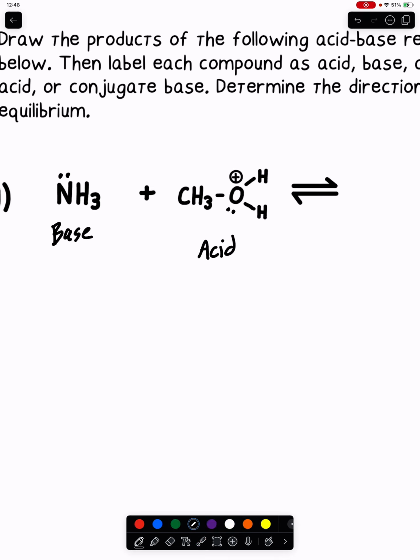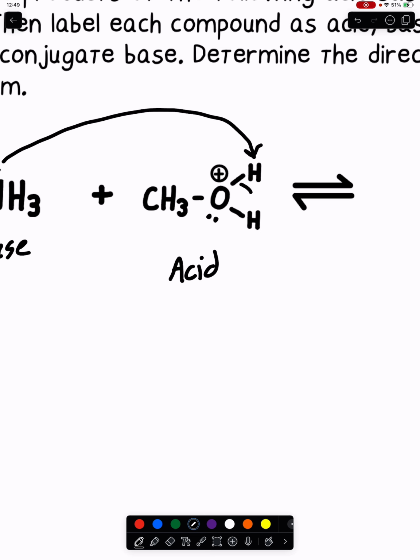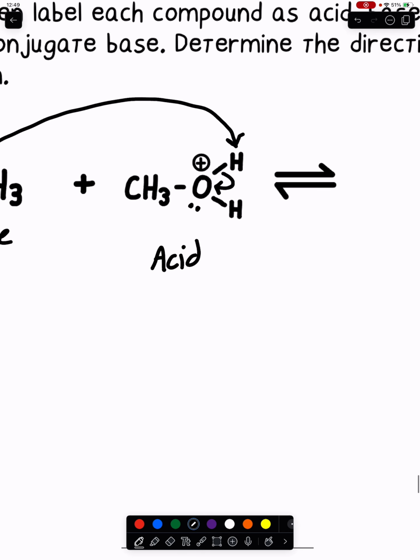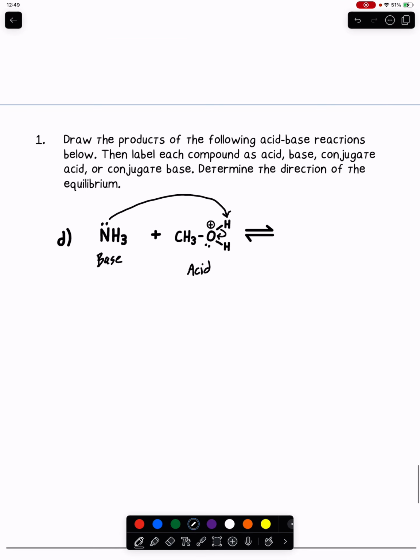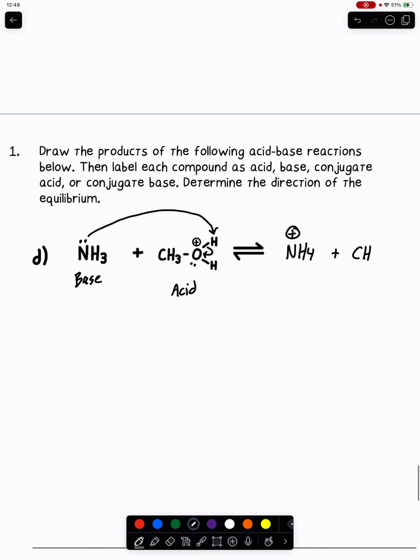So here's what I mean. The base is going to grab a proton from the oxygen. The two electrons get left behind on oxygen. Remember, one belongs to oxygen, the other belongs to hydrogen, but it's going to keep both of them. So we're going to end up forming NH4, because it picked up a proton, so the nitrogen is going to end up with a positive charge, plus the conjugate base of this acid, which is just neutral methanol.